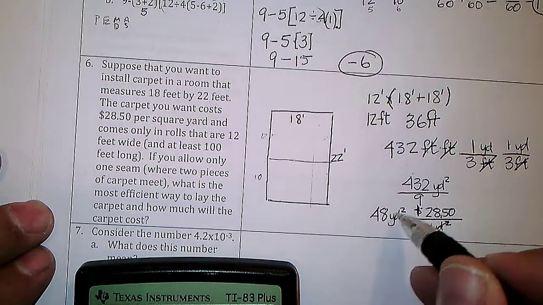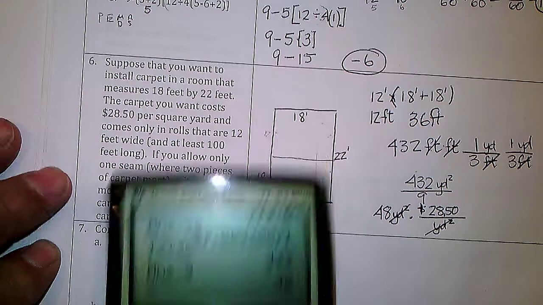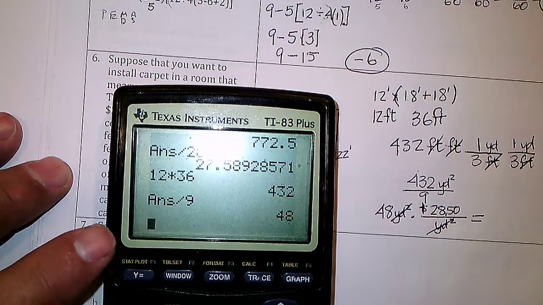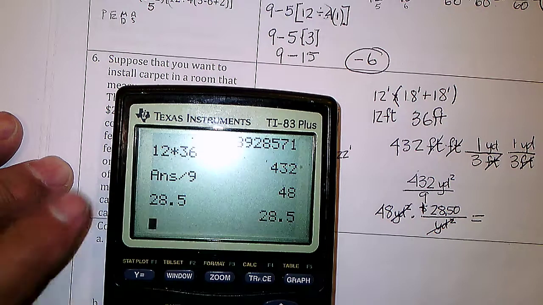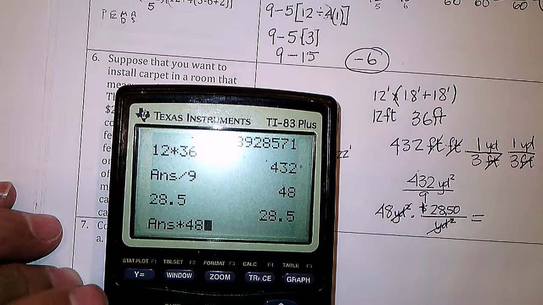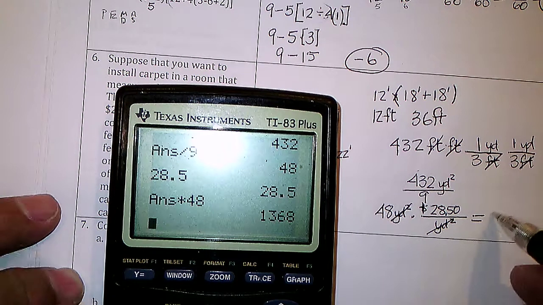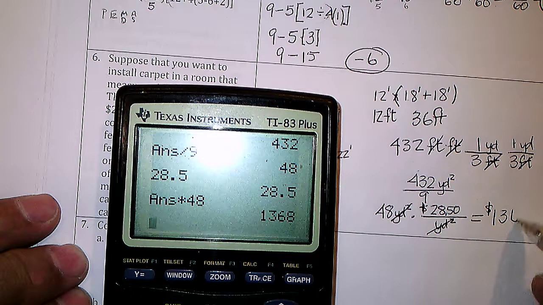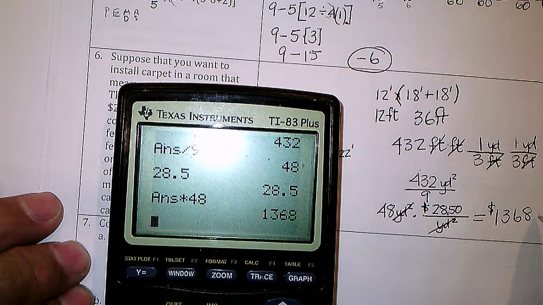So the yards squared cancel, and I take 48 times 28.5. Oop, I didn't do times 48, and I get $1,368 plus tax.